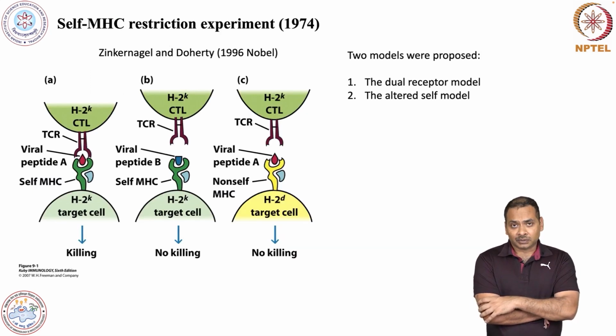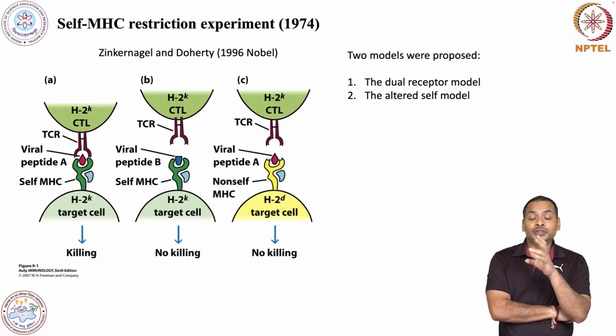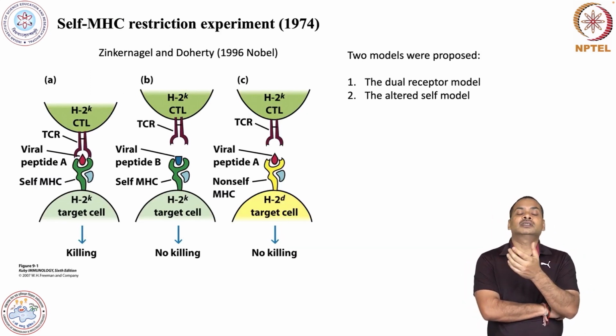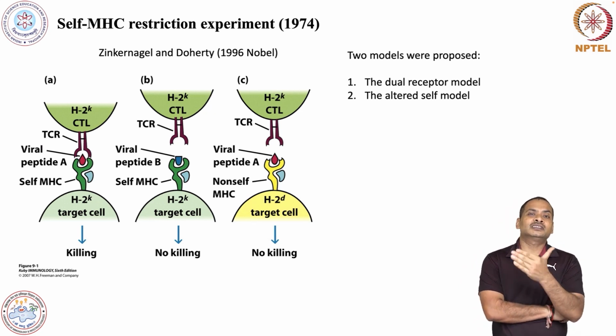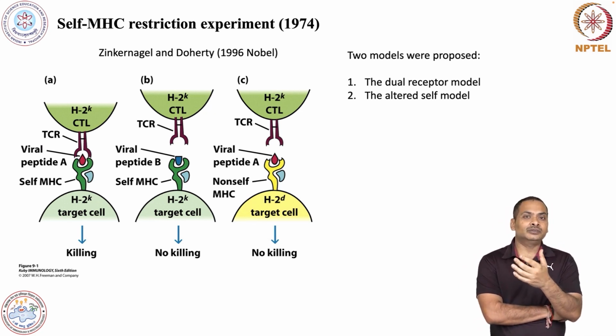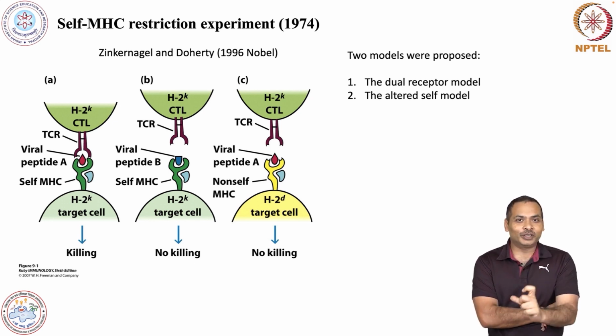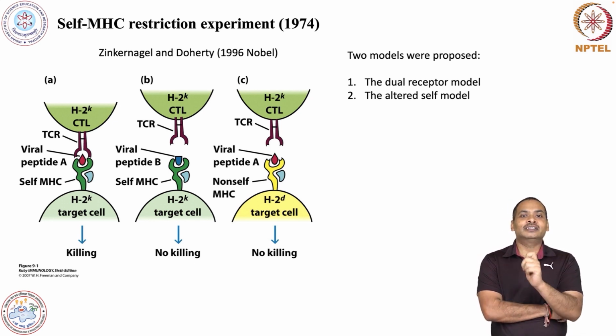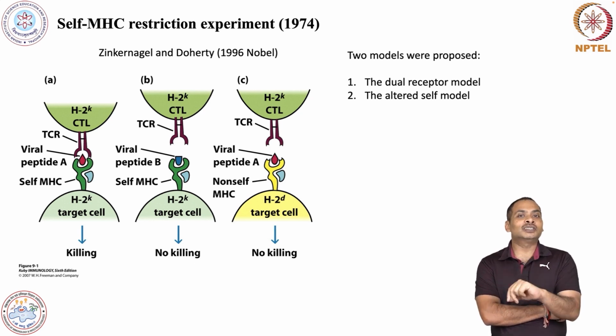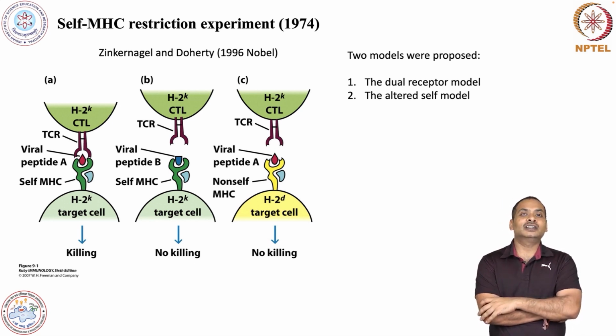Please remember, as I told you, the T cell senses the antigen which is presented along with the MHC molecule, but there is one very important point: this MHC should be from the same host. If the MHC is different, then it will not recognize the antigen.